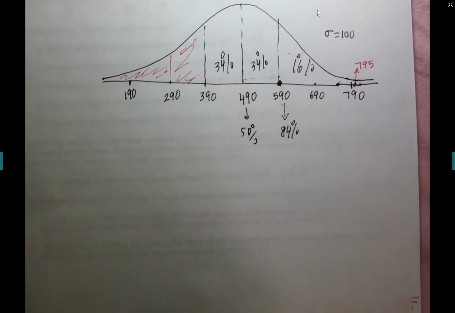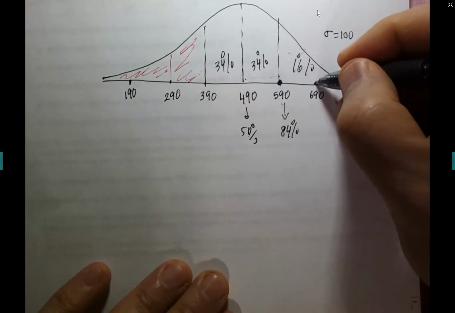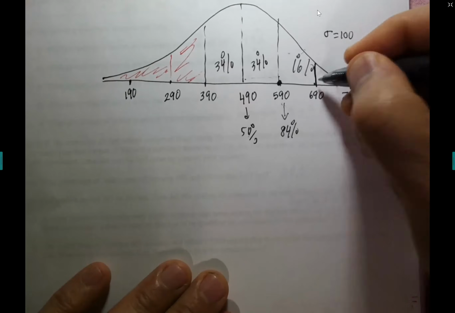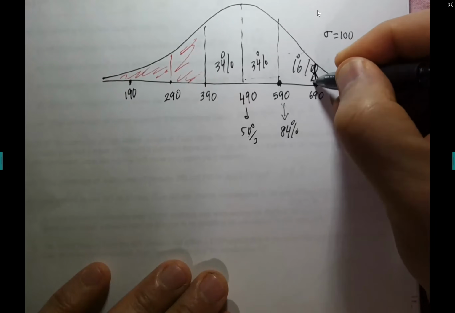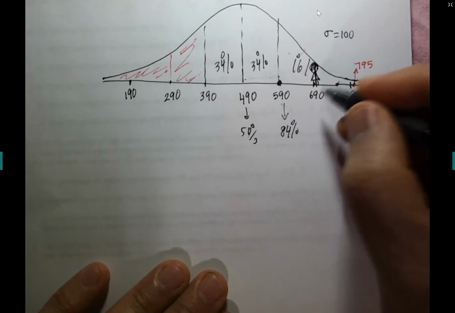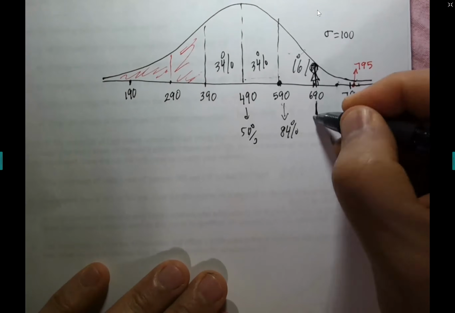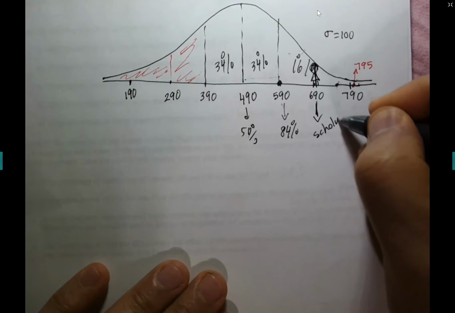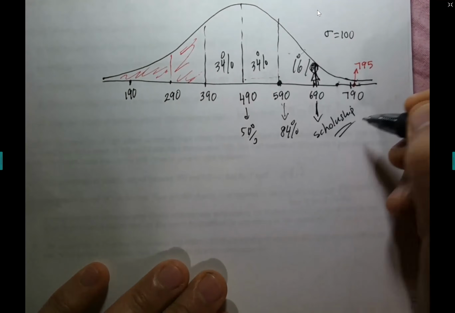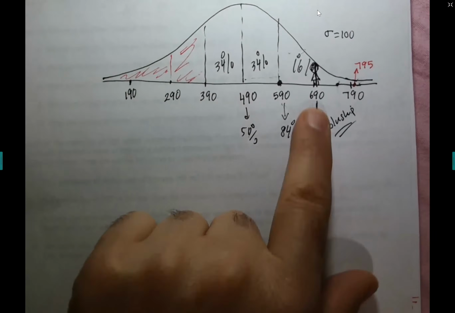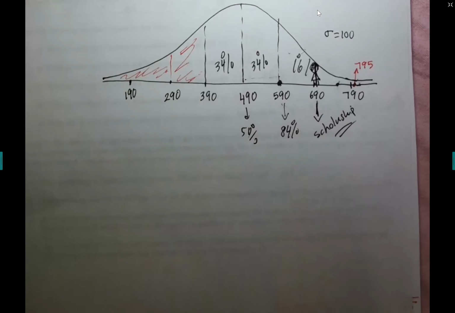So any students, guys, who go above 690, right here, will get a scholarship of 500. 690 and up. What percent of the students will get this scholarship?